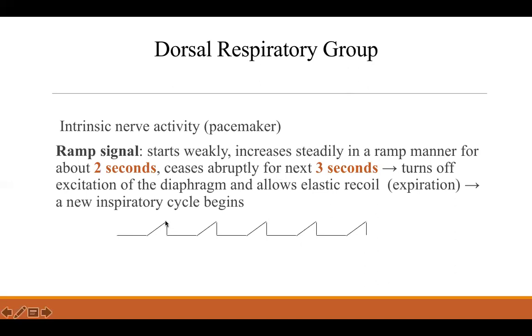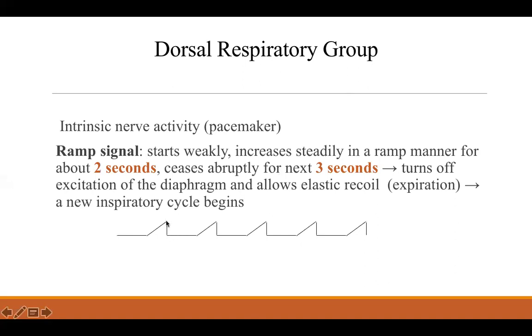This is probably where you think about the action of the pneumotaxic center setting in, right? That's the one that turns off that stimulatory signal from the dorsal respiratory group. So there is a certain change in pattern. So now this is going to be the expiration part.